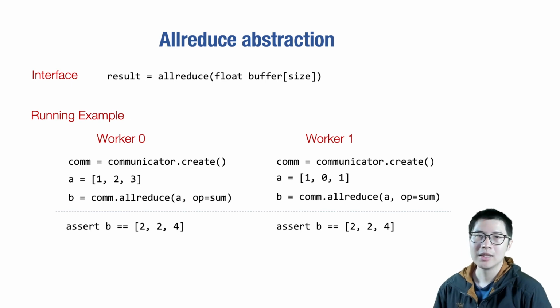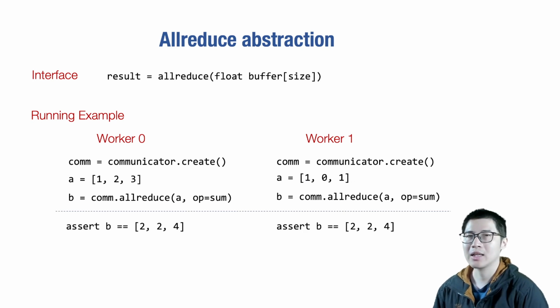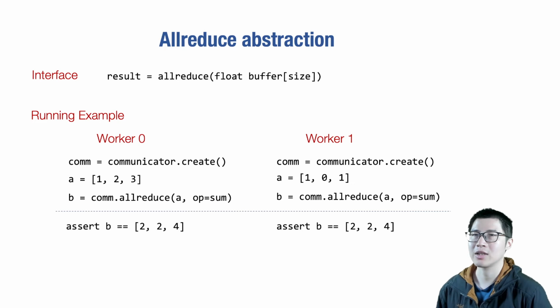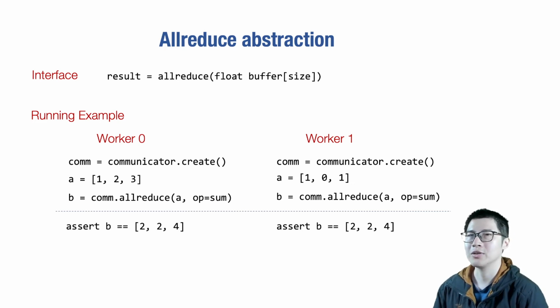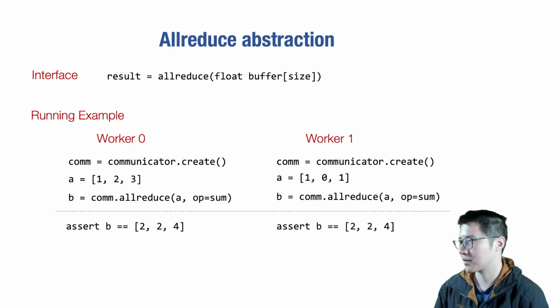Under the hood, Allreduce can be implemented in different ways, and we don't have time to go through the way to implement Allreduce in this lecture. But if you are interested, there are other lectures. For example, I had a machine learning systems lecture that talks about different ways to implement the Allreduce primitive across networks.